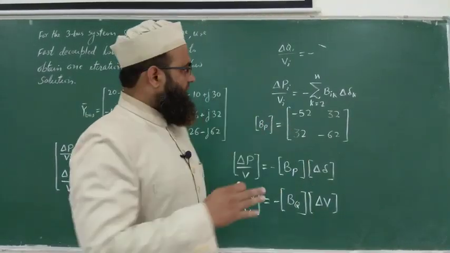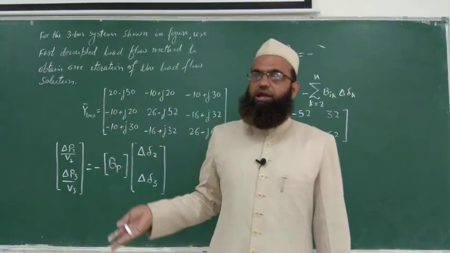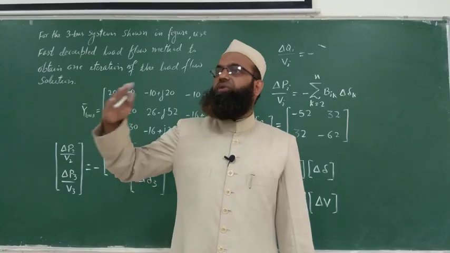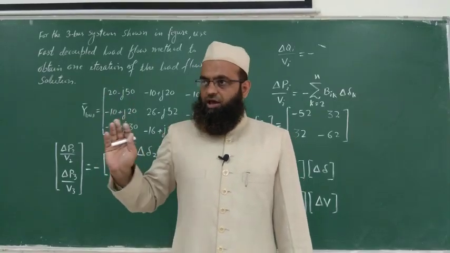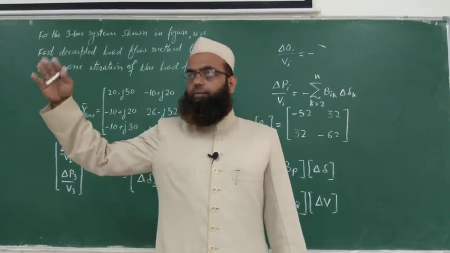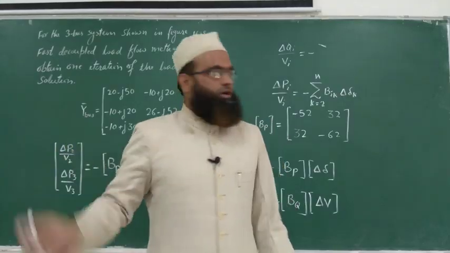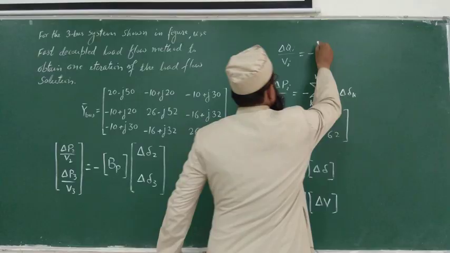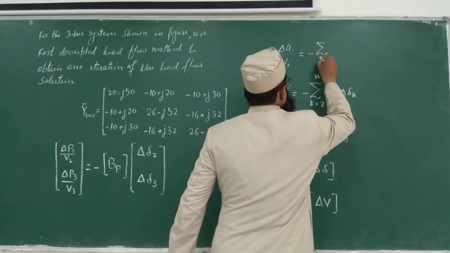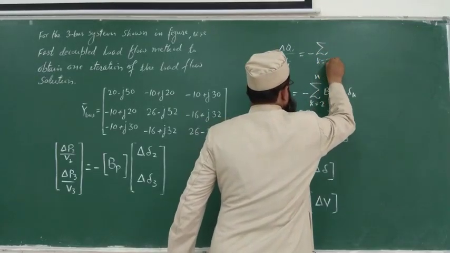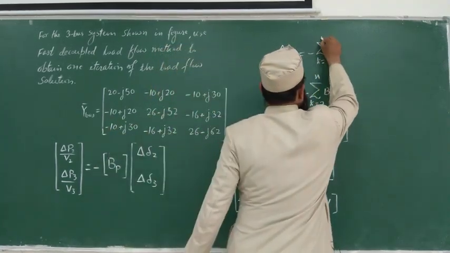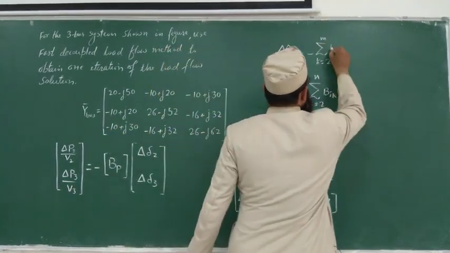So in our discussion from the beginning, we have assumed bus number 1 as the slack bus, bus number 2 to bus number M as PQ buses, and bus number M plus 1 onward up to bus number N as PV buses. So using the same notation, we may write for PQ buses k equal to 2 up to M.